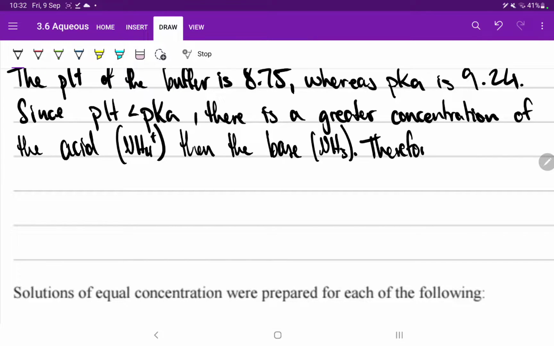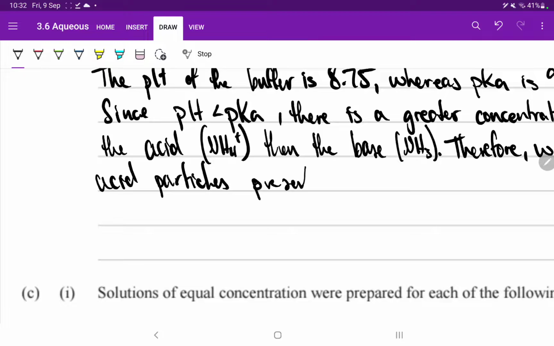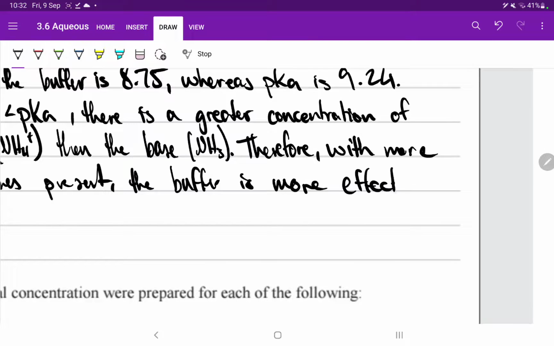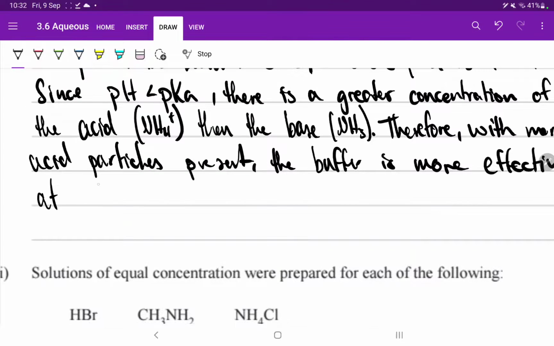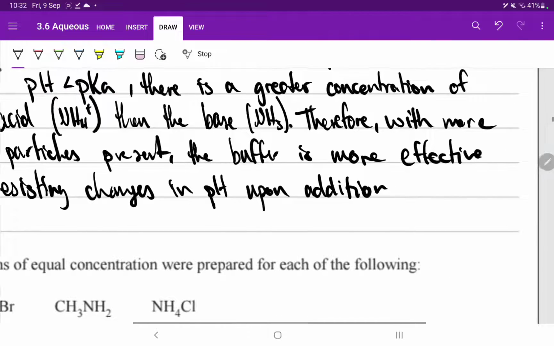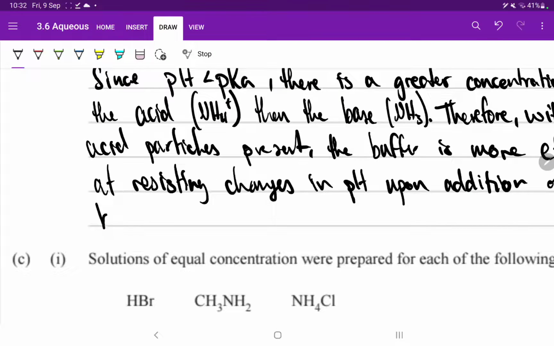Therefore, with more acid particles present, the buffer is more effective at resisting changes in pH upon addition of a strong base.